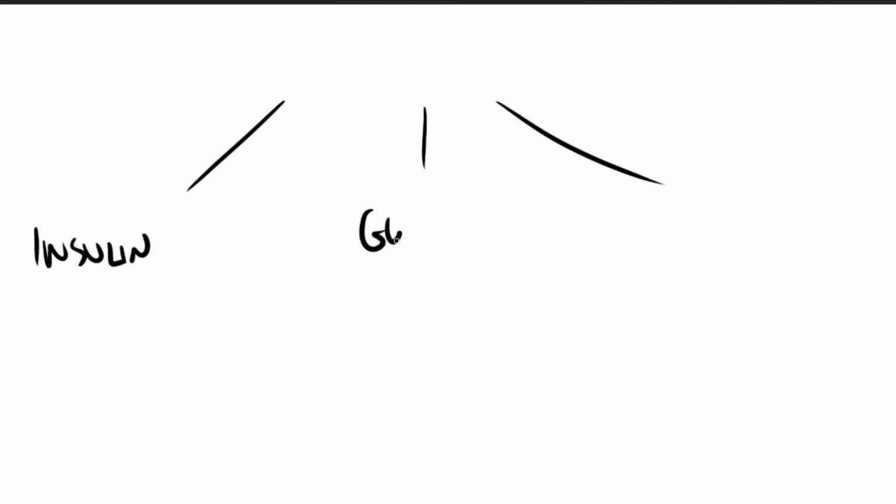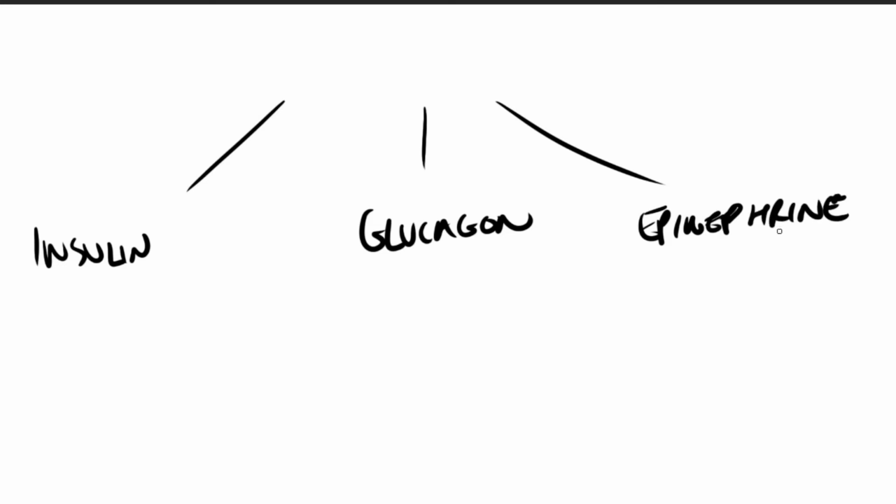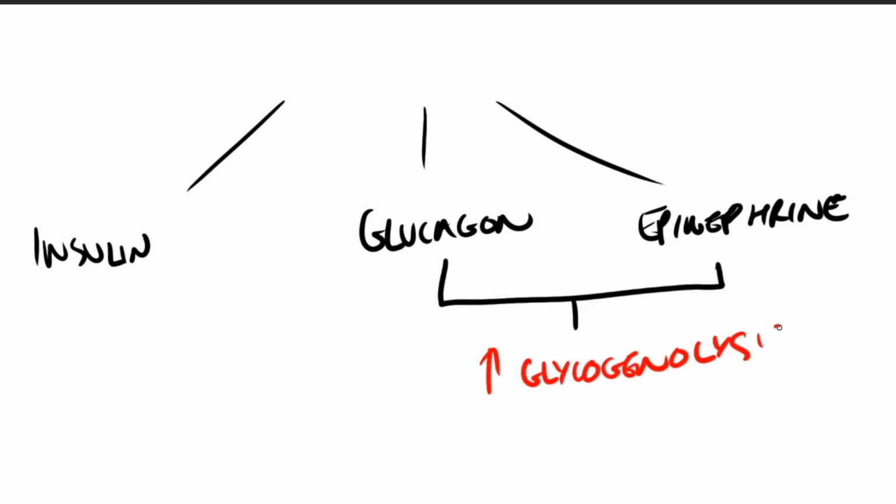You have insulin, glucagon, and epinephrine. Now, glucagon and epinephrine, they obviously increase the blood glucose level, so they increase glycogenolysis to receive glucose, and insulin increases glycogenesis to reduce the glucose and store it as glycogen.